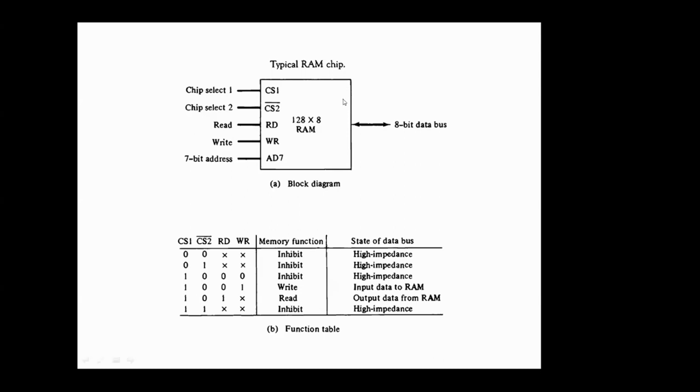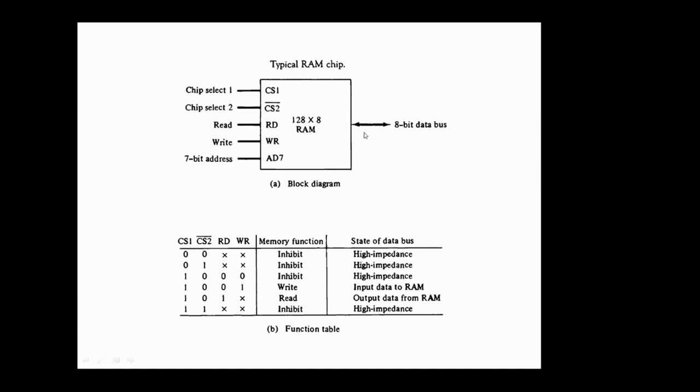That is why the diagram is showing that the data bus, the bus which transmits data from the RAM to CPU and CPU to RAM, is 8 bits. So the bus, the transmission medium between CPU and RAM, is 8 bit. Why is it 8 bit? Because the RAM has a word length of 8 bits.